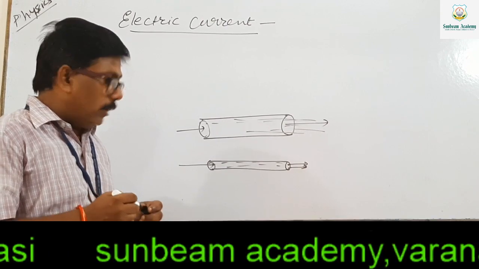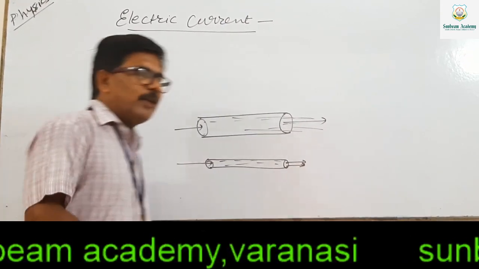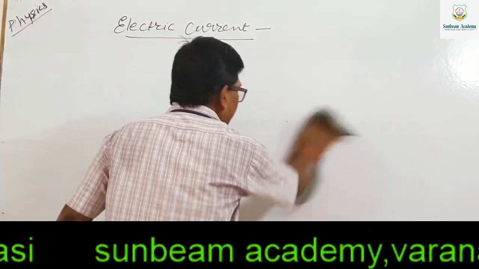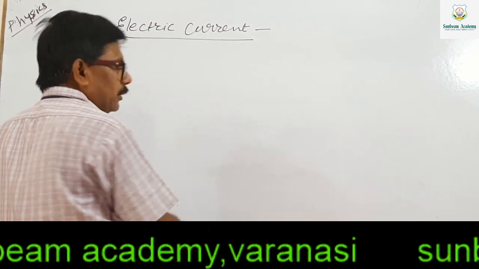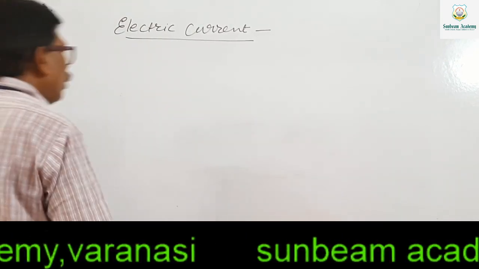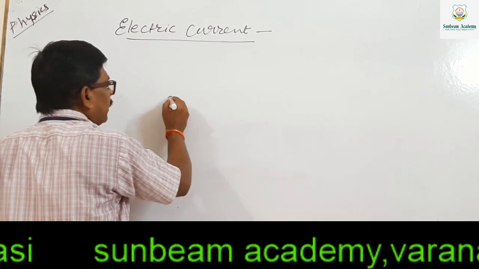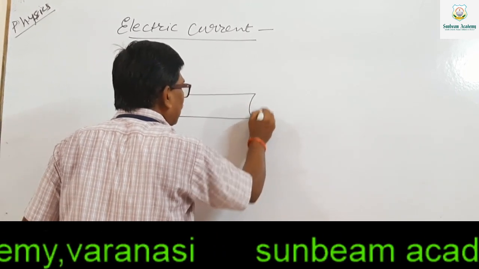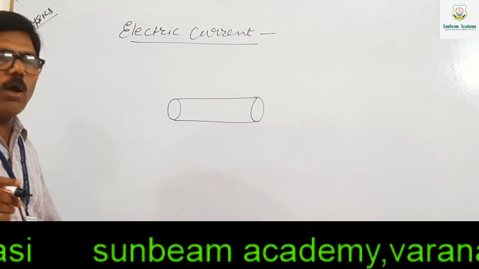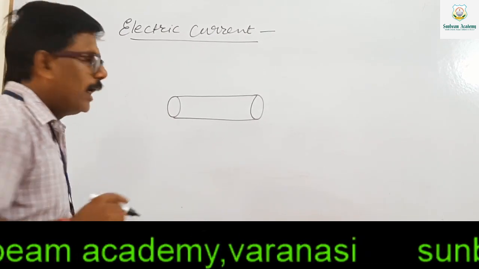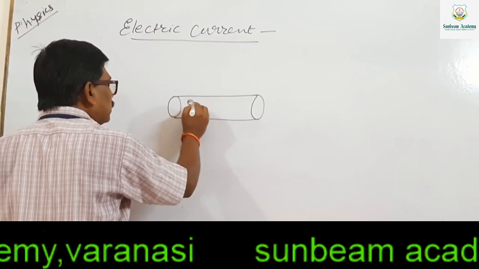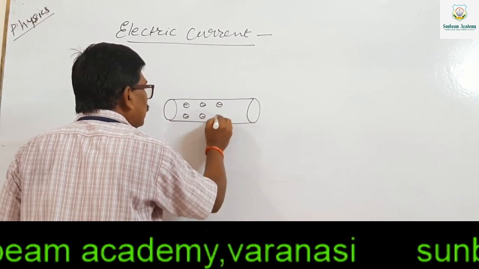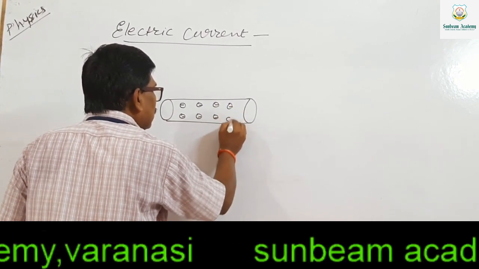In the case of electricity also, if you take any metallic conductor or a wire, it contains one or more loosely bonded electrons, and these loosely bonded electrons are free to move in the conductor.